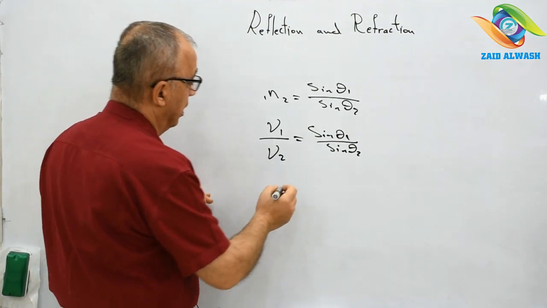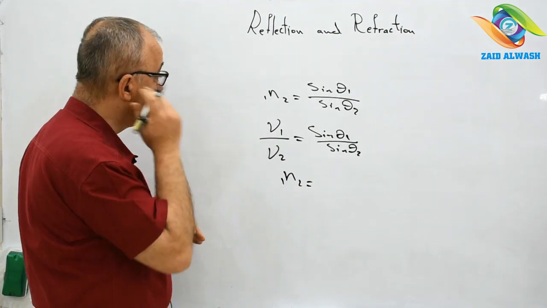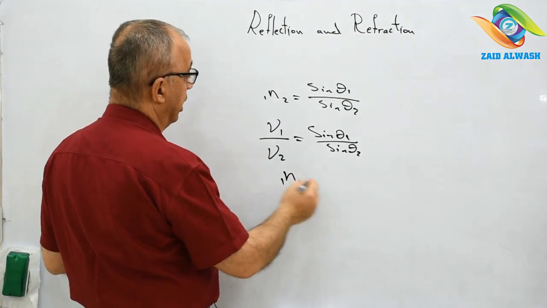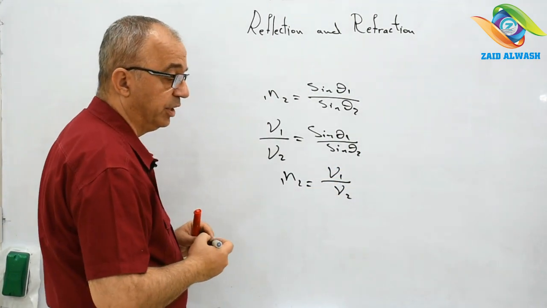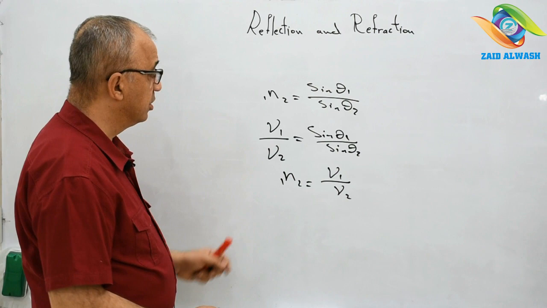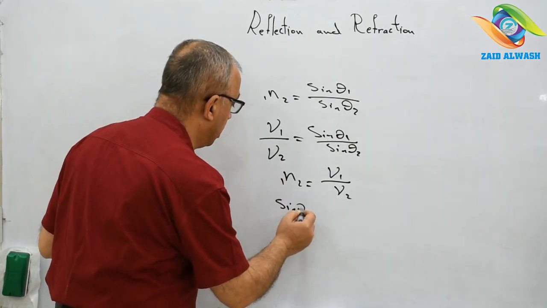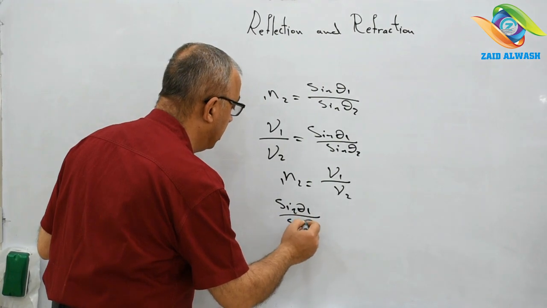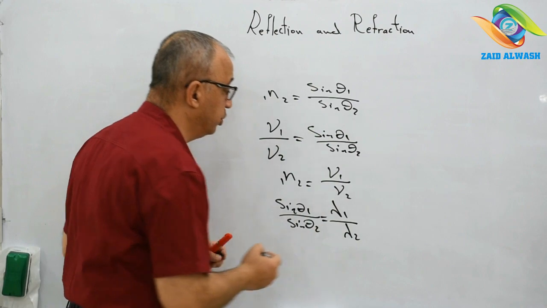Therefore N12, the relative index of refraction, equals V1 over V2. Then we must know sine theta 1 over sine theta 2 equals lambda 1 over lambda 2.